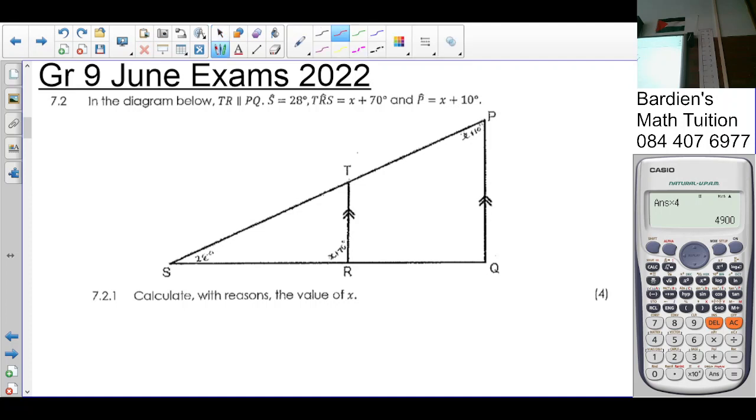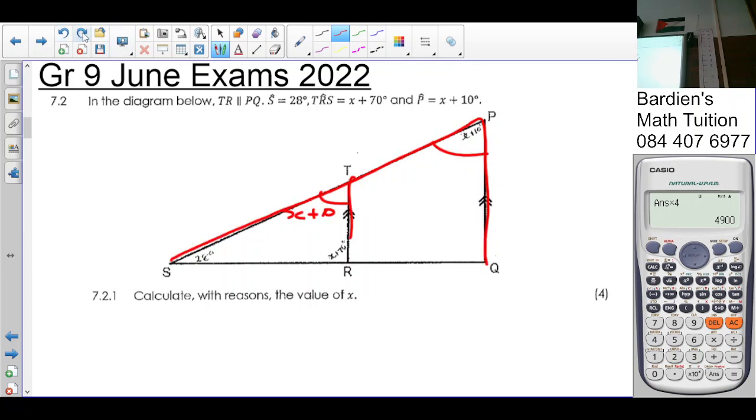So of course we can go with sum of angles of a triangle here, however we're short of angle T. Or we could have gone with the big triangle as well, in which case we would have been short of angle Q. But angle T, we know that angle T is going to be x plus 10. Why? Because these are corresponding angles. You see that F is corresponding.